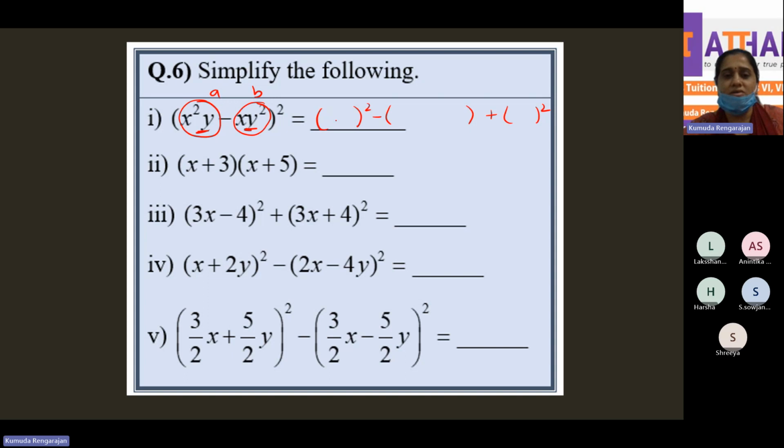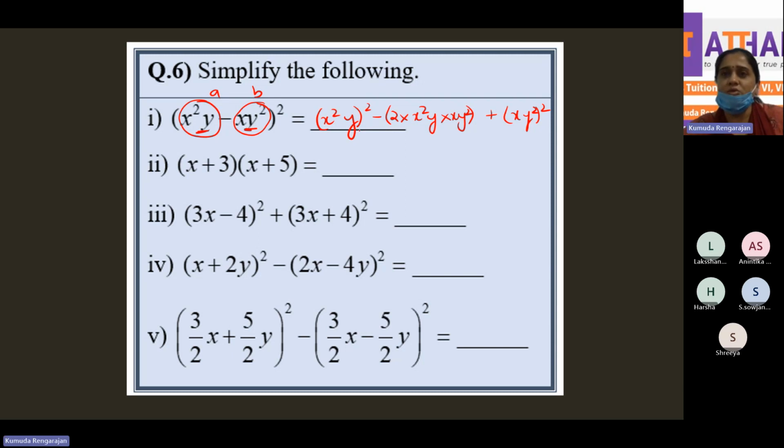So now fill in the blanks. A squared, what should you write here? x squared y. Plus B squared, fill this: x y squared. Now fill the middle one, 2 into, yeah, correct. You just have to fill A, B, and 2AB. Okay, now work this. What is x squared y into x squared y?